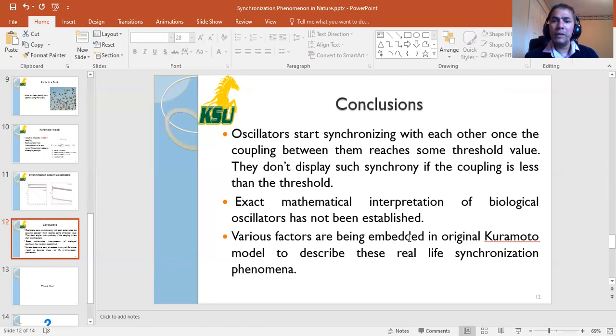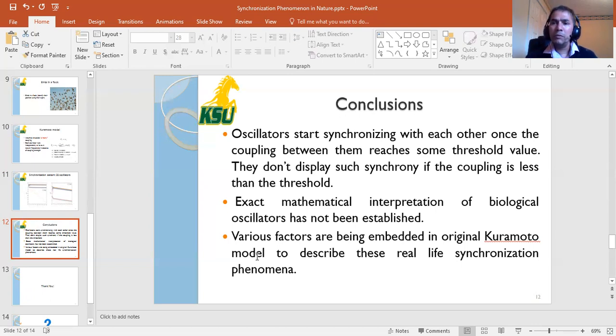Various factors are being embedded in the original Kuramoto model. The mathematical relation I was sharing a couple of slides ago is considered a mother formula, a mother mathematical model, to describe synchronization phenomena.